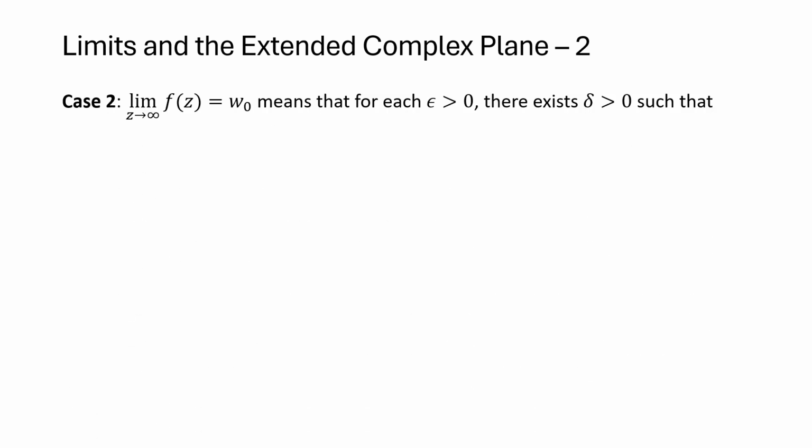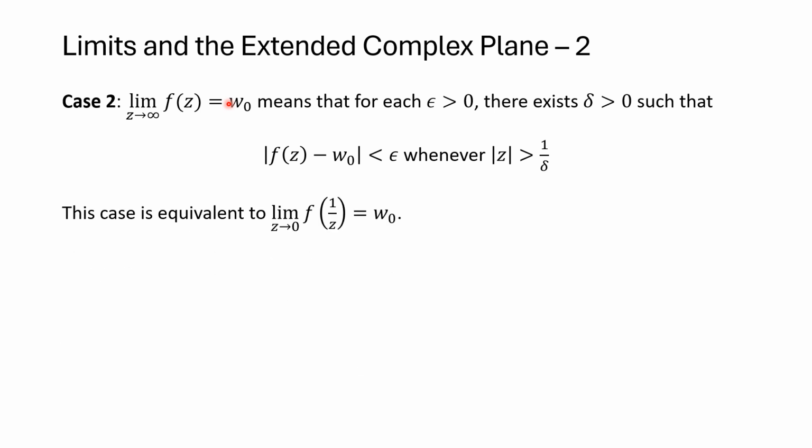In the second case, we take the limit as z approaches infinity, and we actually get a finite value. That's possible. And the definition of limit, again, needs to be modified a little bit. I'll read it off to you here, but I think the equivalent definition is more useful. But in any event, I'll read off the formal definition.